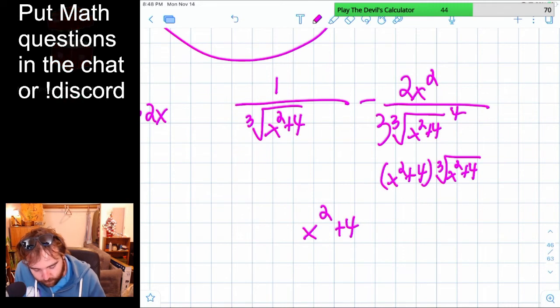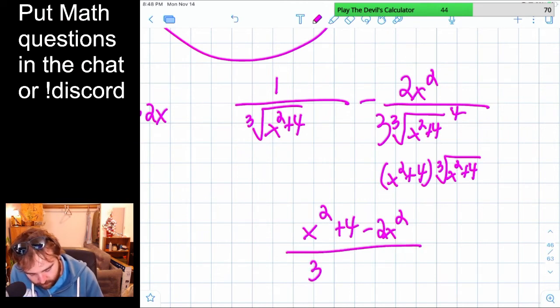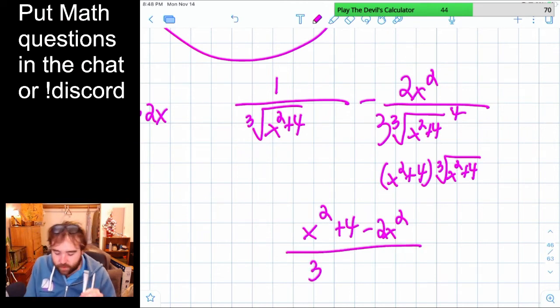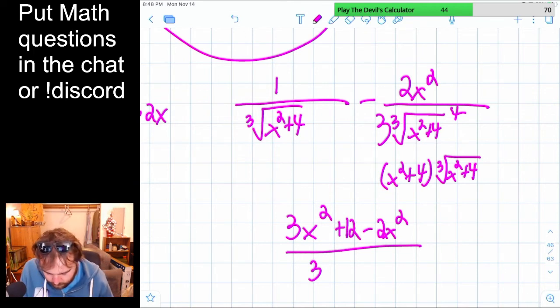So x squared plus 4 minus 2x squared over 3. Oh, we need the 3 too, don't we? So that needs to be 3x squared plus 12 minus 2x squared.